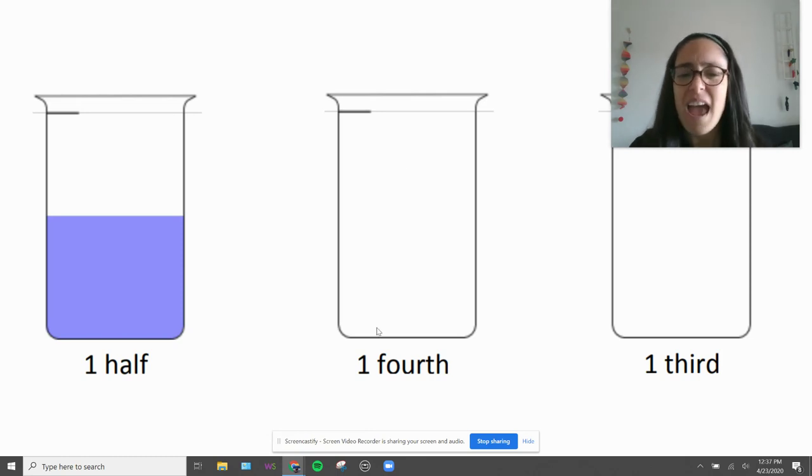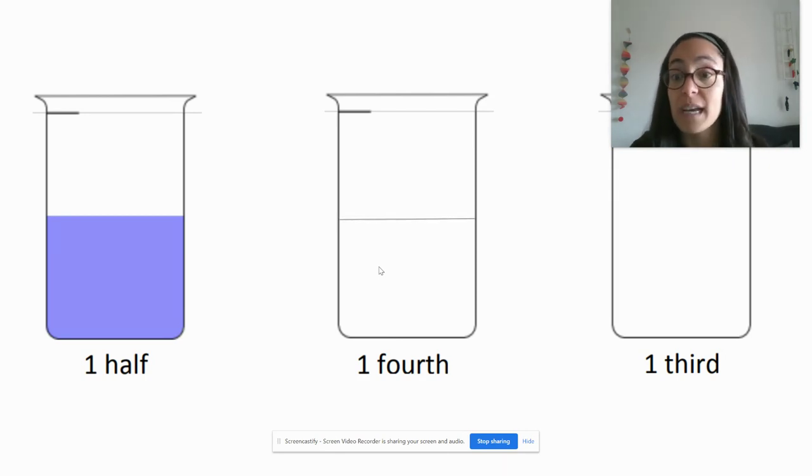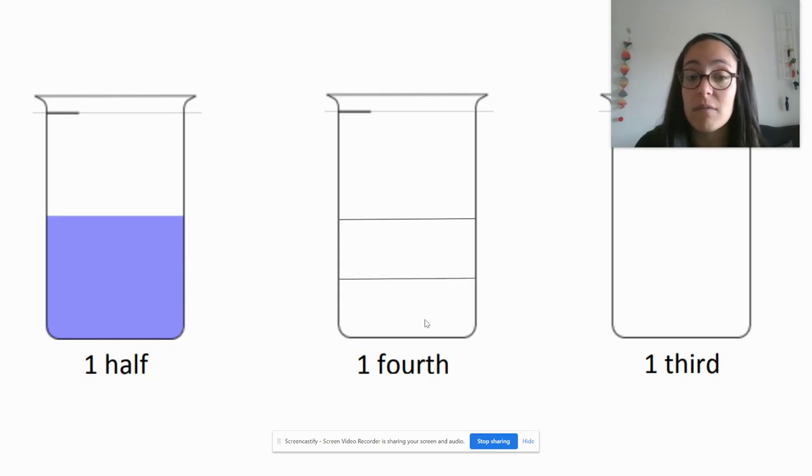Just like before, if this is some juice, I want to make sure I have the same amount of juice as my 3 siblings. So think about, I'm going to first break it in half. So I know there are 2 parts. After I break it in half, I'm going to break that half in half again to make sure I have the part that I want.